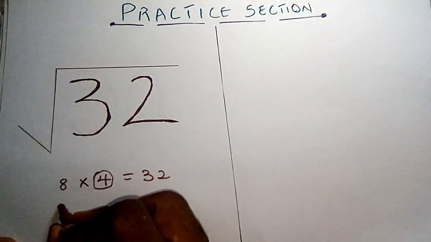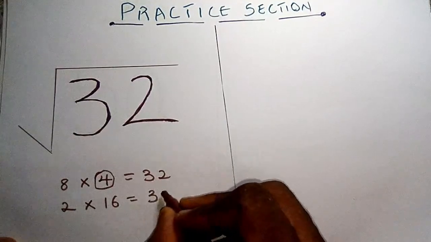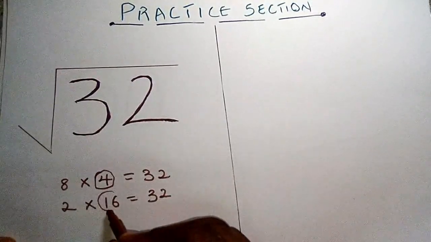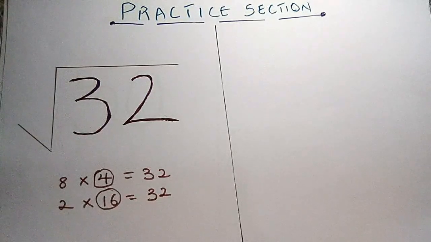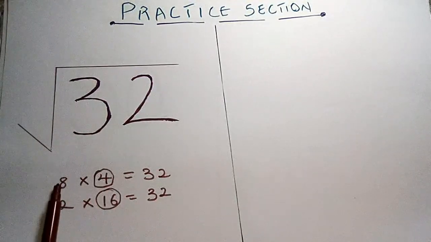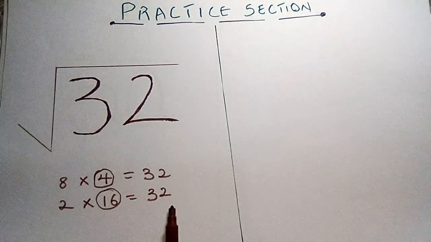Then we also have 2 times 16 to give you 32, now this 16 being a square number. Now, the easiest way for you to simplify this is to take the largest square number multiplied by 2 to give you 32. If you use this one, you only have to simplify it even further to get the simplest form of root 32. So we're going to take this one.